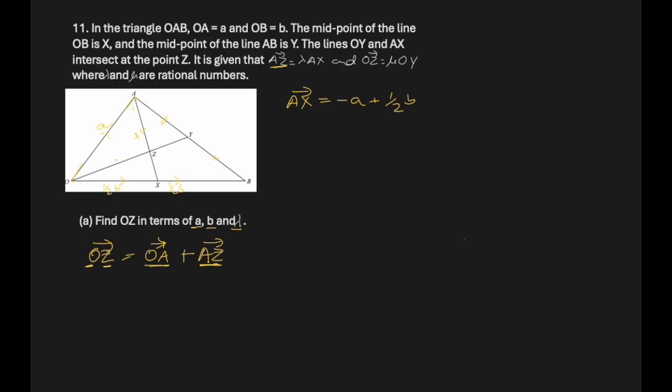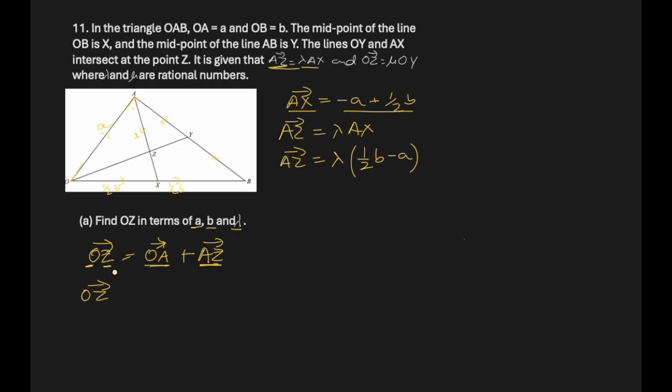Okay. And AZ, they have given already. If I look here, AZ is lambda AX. That means in place of AX, I can write its value in terms of A and B, and I will write the positive half B first. Okay, so AZ comes out to be lambda times half B minus A. This is what I'm going to substitute here.